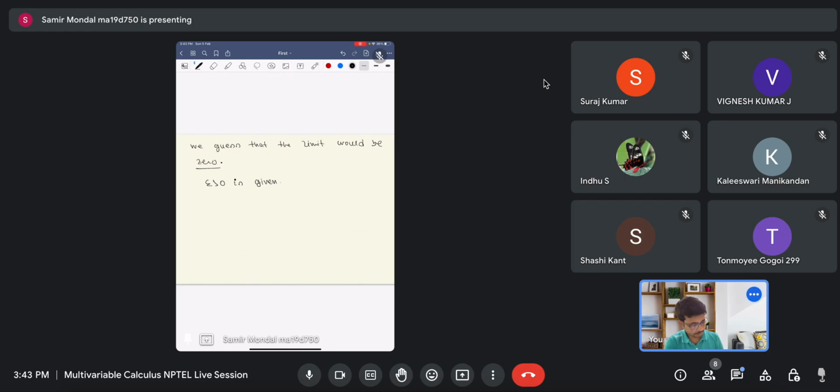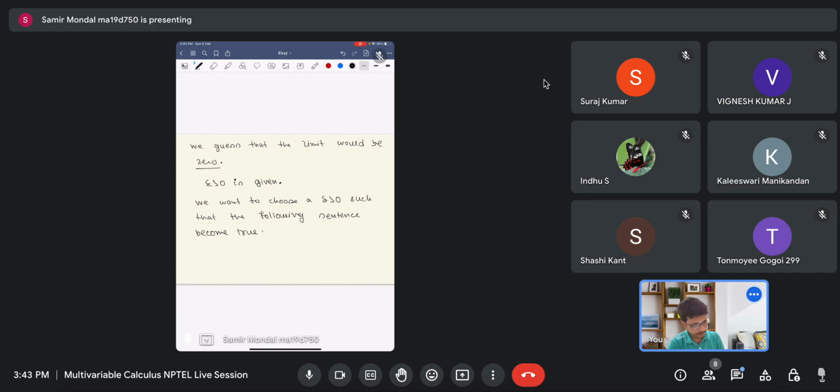So we want to choose a delta greater than 0 such that the following sentence becomes true.